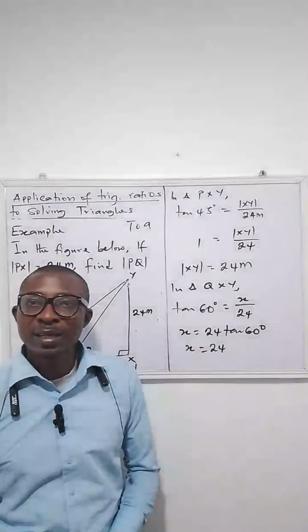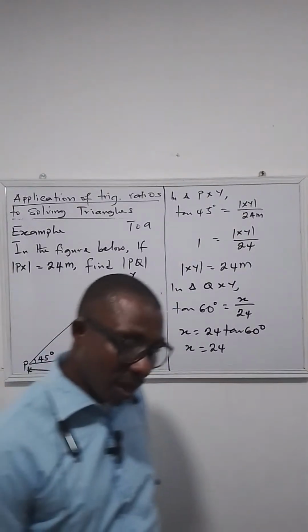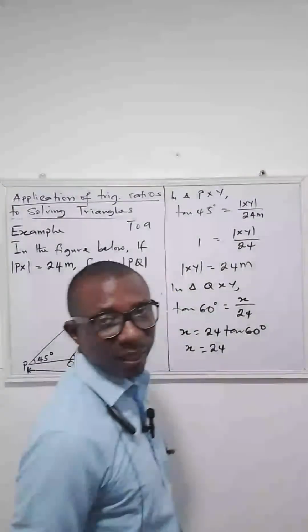Is anyone telling me what tan 60 degrees is? I need smart students to give me the answer. Who is the first person that will tell me what tan 60 is? Anyone giving me the answer now? Tan 60. Good, Riscott, that's good. So tan 60 is square root of 3.